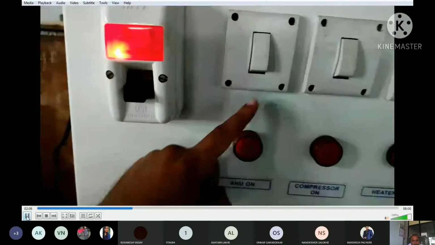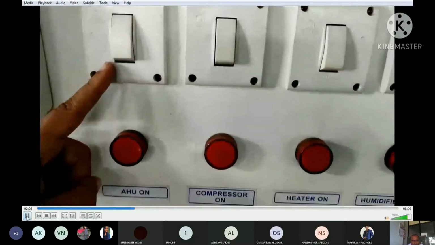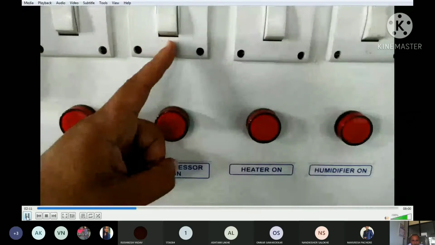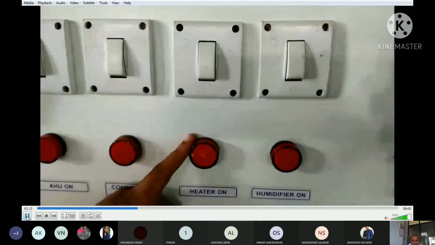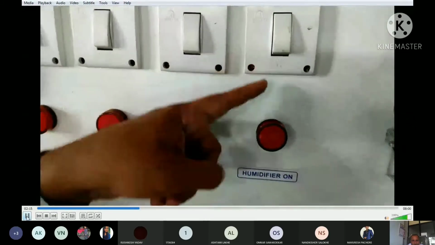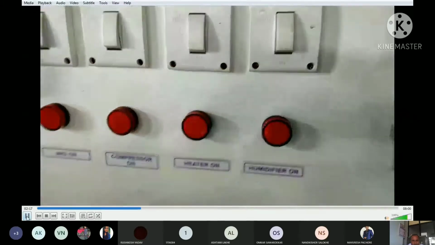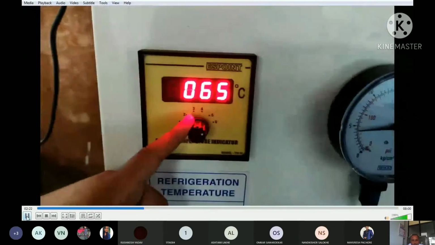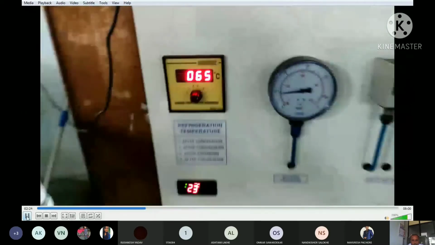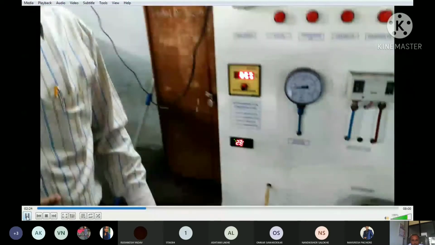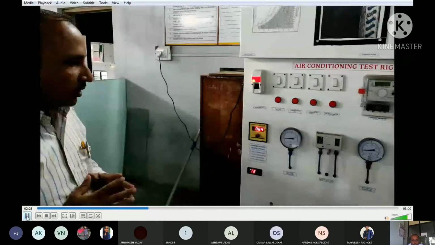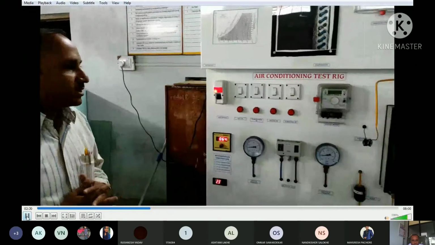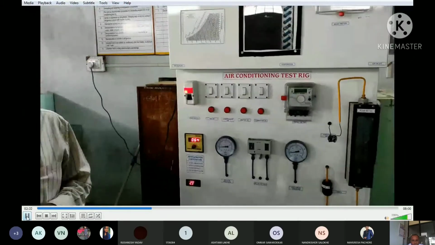Then this is the switch for the air handling unit, this is the switch for the compressor, this is the switch for the heater, this is the switch for the humidifier, which means the switch for the cooker. Then this is a temperature indicator. So all these tools and equipment are placed into this system to perform various processes.